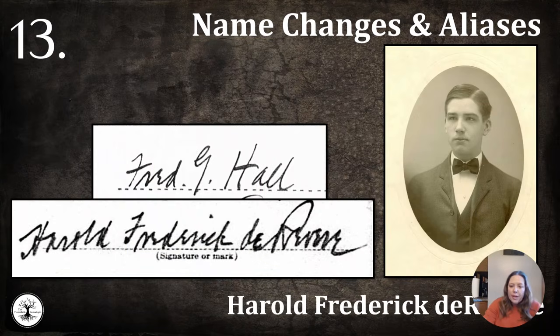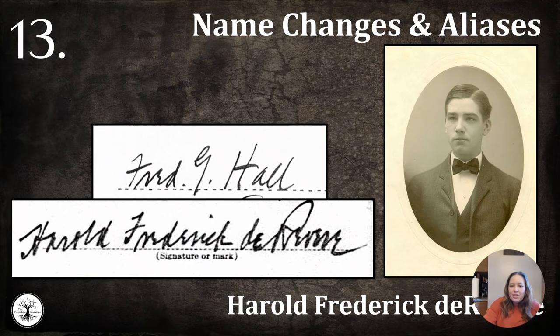I used the client's DNA matches to figure out some different surnames to follow that were in her line and would have come from his line. So I found a link on the Hall line that should be like Fred G. Hall's family. So this photo of one of the surnames that showed up of de Revere was of a young Harold Frederick de Revere, who looks suspiciously like the older photo of Fred G.